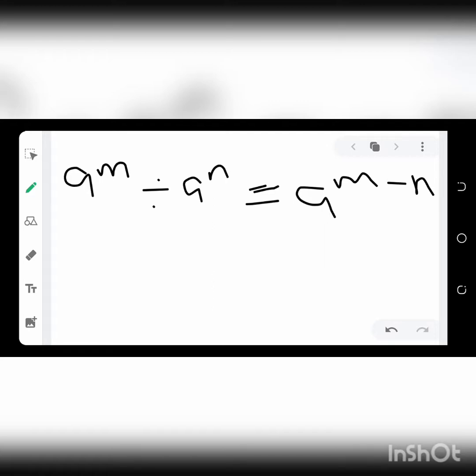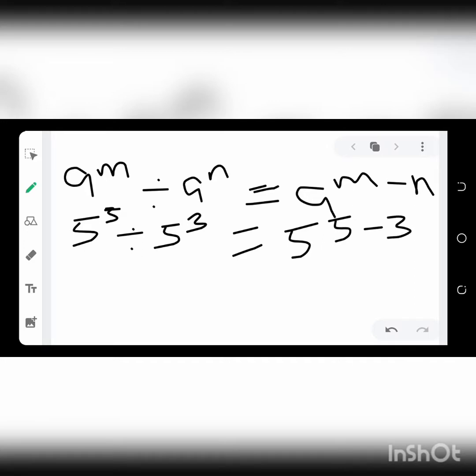Then for instance, I have 5 raised to the power of 5 divided by 5 raised to the power 3. So since the bases are the same, I will equate them and have 5 raised to the power 5 minus 3. For the division, I simply minus the powers.